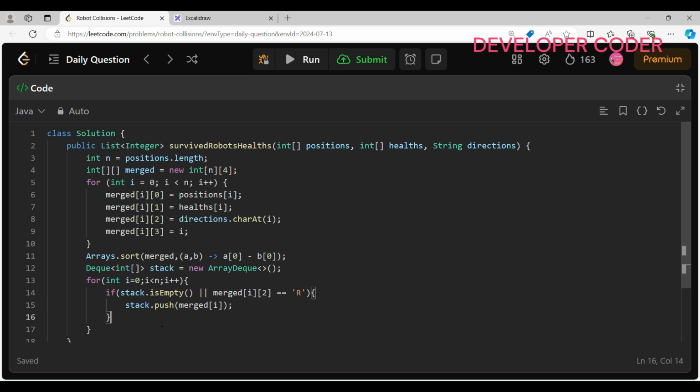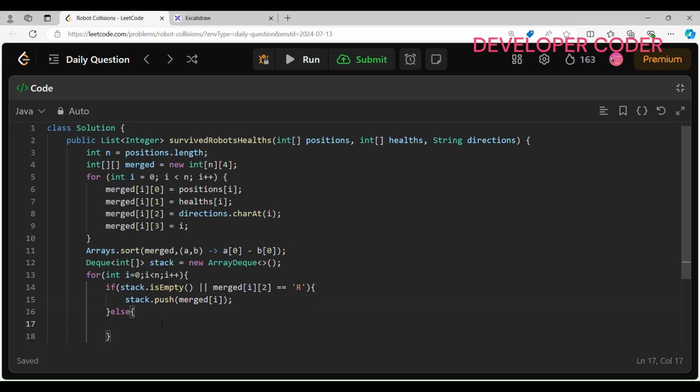Now in the else part, I am going to check if my stack is not empty, and then check if the peek of my stack is equal to r, and then check stack dot peek, here I am checking the direction, so I write 2.